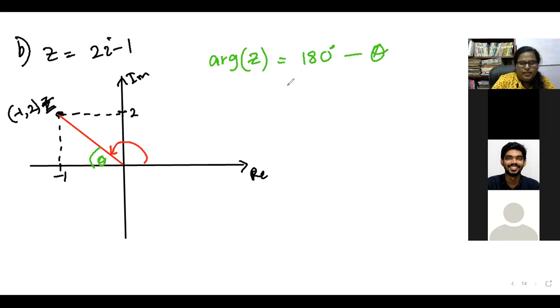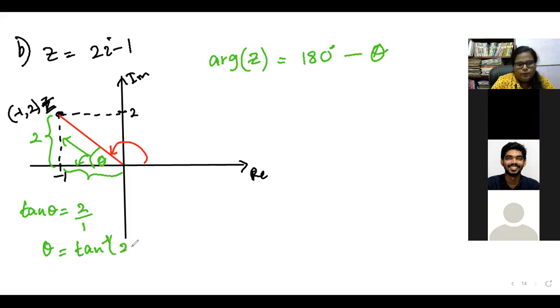So you can get tan theta equals the opposite side, which is 2, divided by the adjacent side, which is 1. So theta equals tan inverse 2.